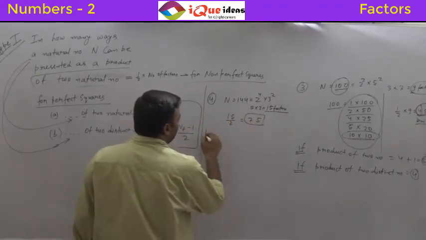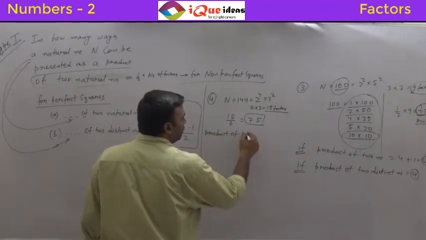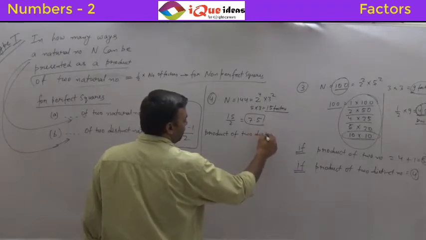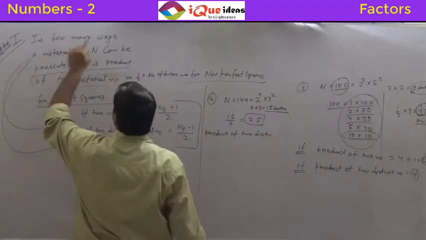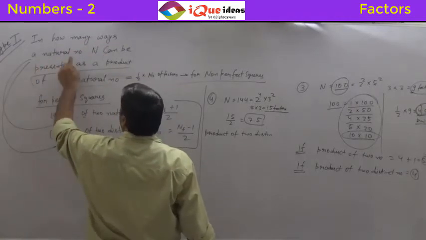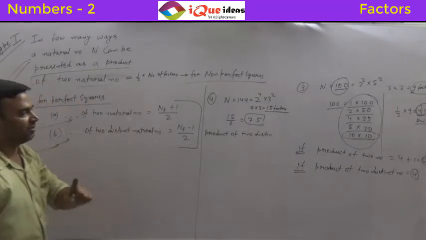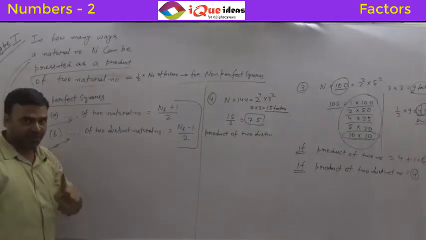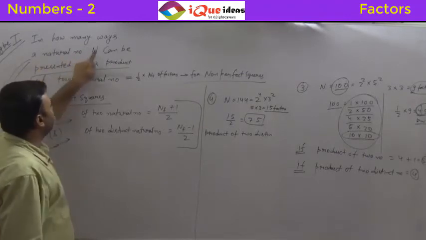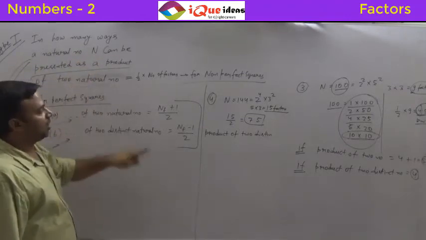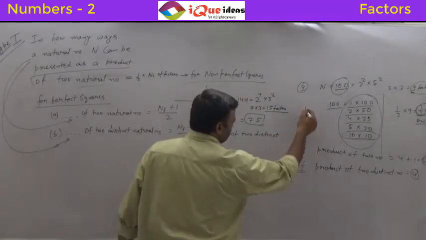If it says product of two distinct natural numbers, how would the question read? In how many ways can 144 be presented as a product of two distinct natural numbers?